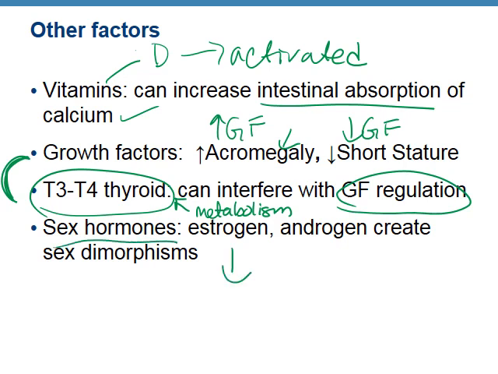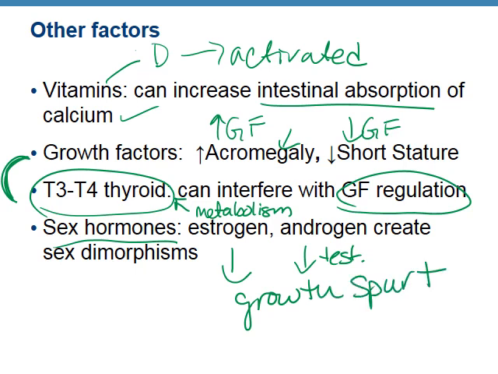And remember that estrogen and androgen, which is really testosterone or a precursor to testosterone, these cause that growth spurt that we talked about earlier. So there's more than just one factor here at play. It's the amount of calcium, it's the amount of vitamin D, it's your growth factors, it's genetics, it's your metabolism, and then it's also the level of sex hormones. So it's a little bit more complicated than what we're discussing here.